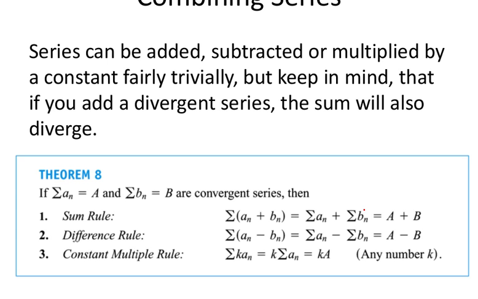So keep that in mind, because if it converges to a certain value towards infinity, it's just like a constant. If you add that to a divergent series that goes to infinity, of course the sum's going to go to infinity. So anytime you add a divergent series, you end up with something that's also divergent.